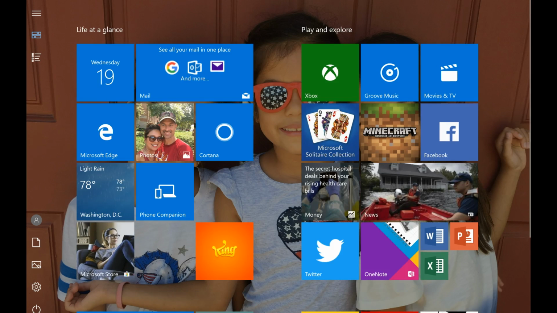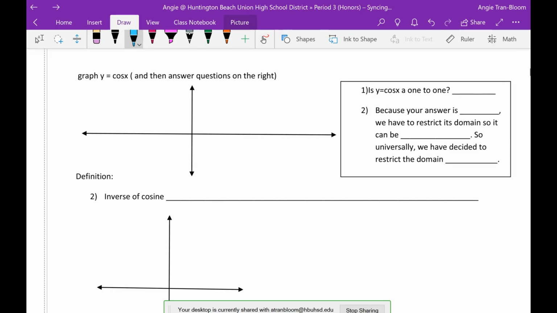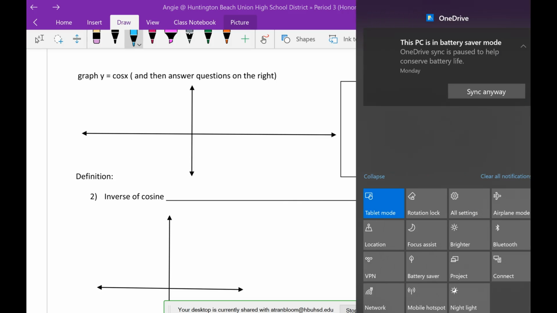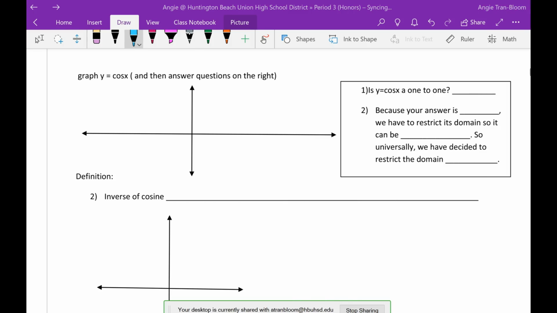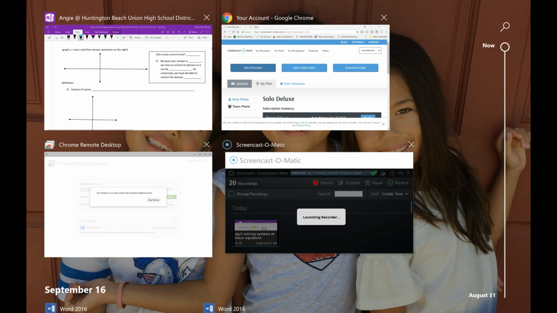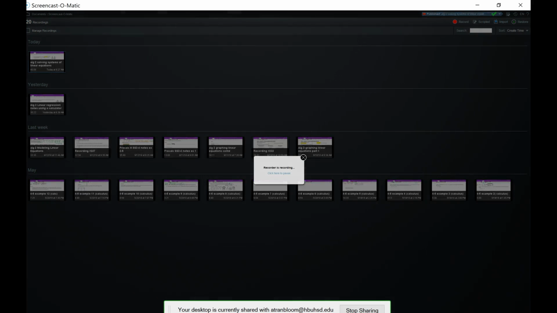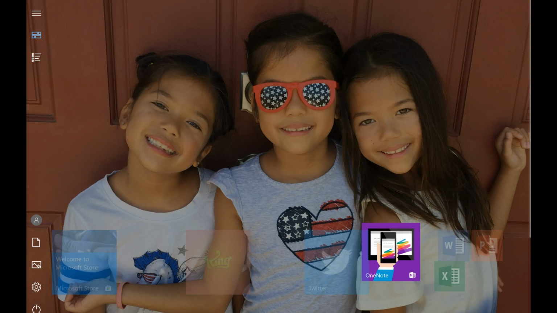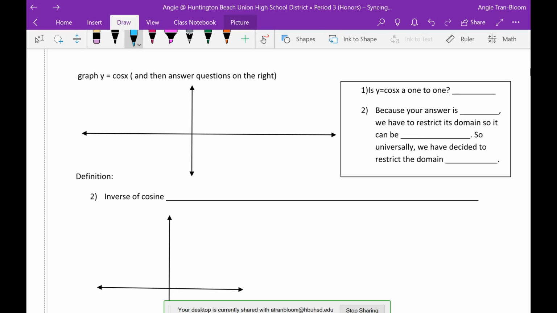Okay, that's 2 minutes. You guys done? No? Always two. Can you compare your cosine graph with your team?